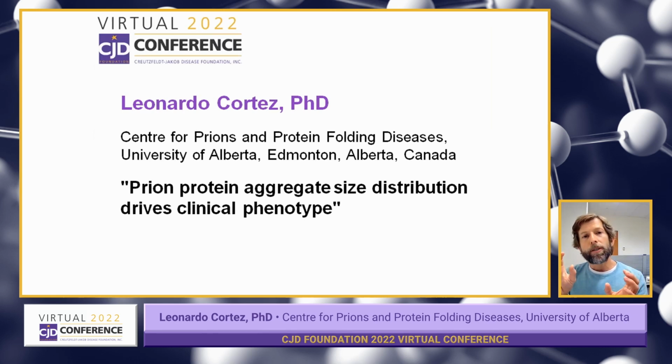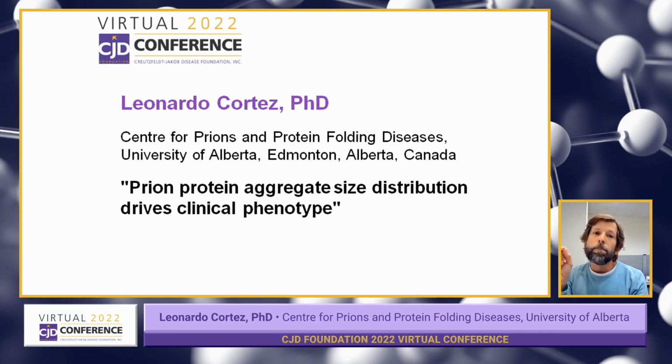These two populations of prion particles also differ in the ability to replicate and spread in the brain. So in this context, a natural question that comes to our minds is, is there any association between these two populations of prion particles and the different symptoms that a patient with CJD presents?